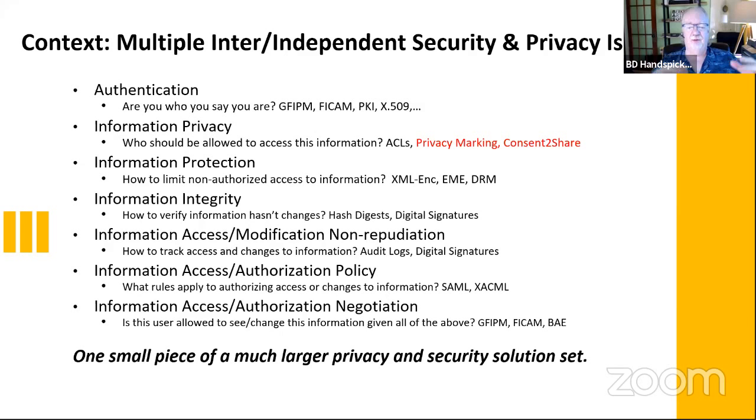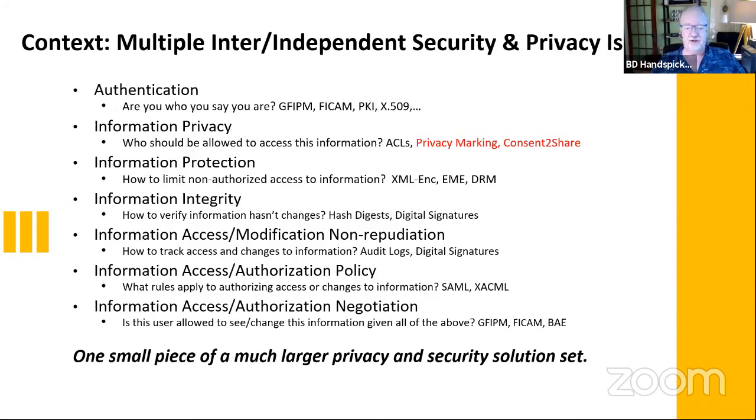So with that in mind, keep in mind that privacy and confidentiality are just a very small part of a fairly complicated, much larger, independent and interdependent set of security and privacy issues, ranging from, are you who you really say you are, authentication, to are you authorized to see a particular piece of information?